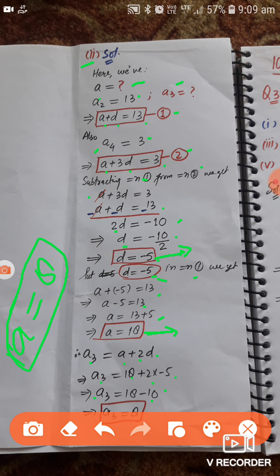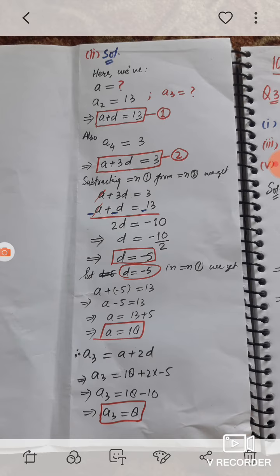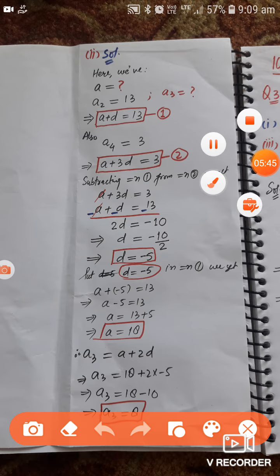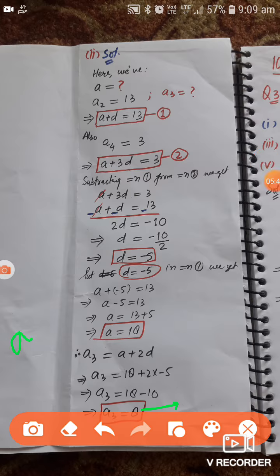A3 is equal to 8, and A is equal to 18. So these were the missing terms in the AP.